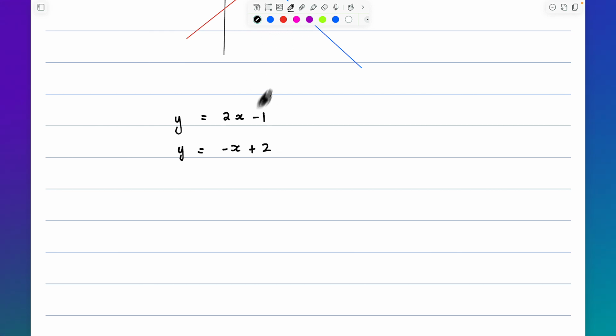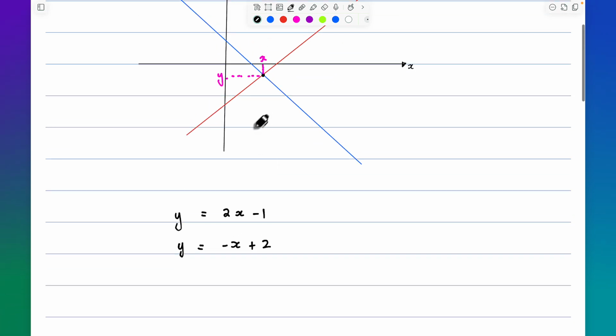If we're trying to find the point of intersection between these two lines, we're looking for the point where the x is the same and the y is the same for both of these graphs. So we can apply the same x and y for both graphs.